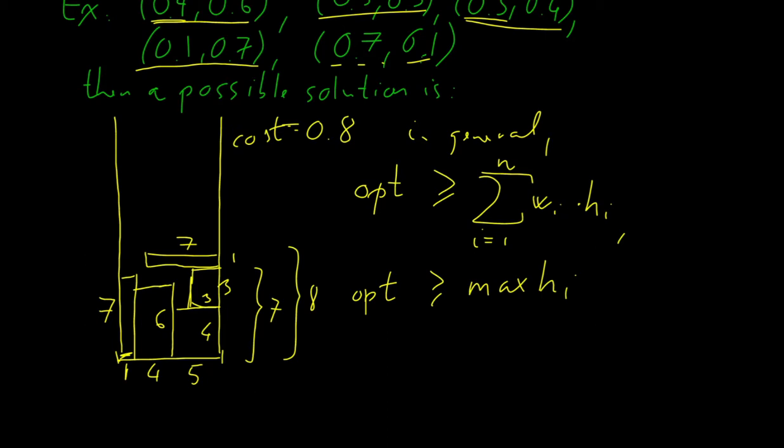So both of these bounds are quite similar to the classical case of the bin packing problem.